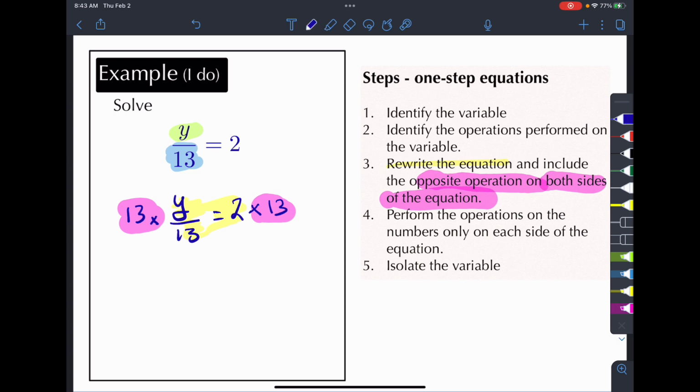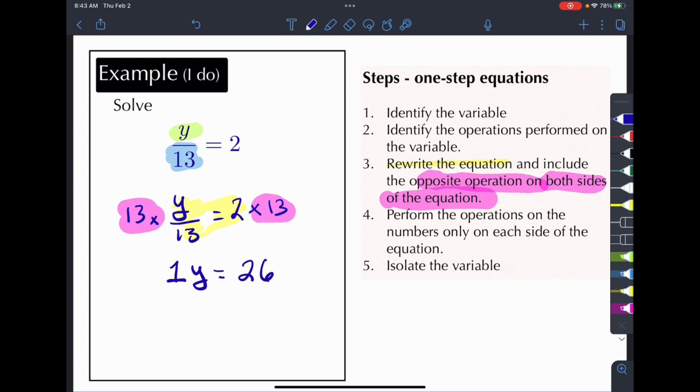Step 4, perform the operations on the numbers only. Let's do the right side first. 2 times 13 is 26. And on the left side, we have 13, and we have a divided by 13. 13 divided by 13 is 1 times y. So we've done step 4.